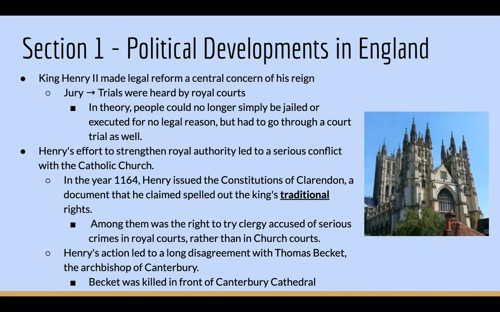So the cathedral and Becket's tomb actually became a popular destination for pilgrimages. In 1173, the Catholic Church proclaimed him a saint. But still, in spite of all of that, most of the constitutions of Clarendon remained in force. So those traditional rights that Henry claimed that he had, spelled out in the constitutions of Clarendon, they persisted. They continued.